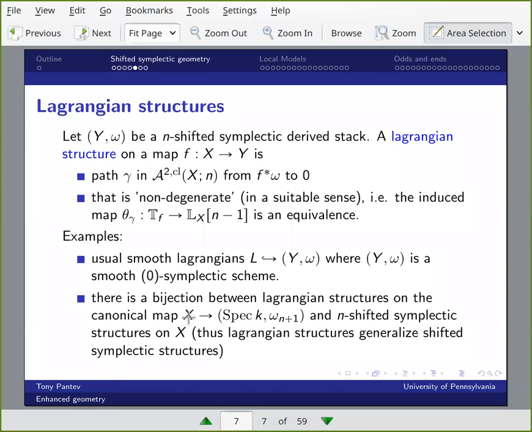So you can describe Lagrangian structures first and define the n-shifted symplectic structures in terms of them, or you can do it the other way around. And sometimes it's useful, but anyway, it's interesting and useful to notice this.